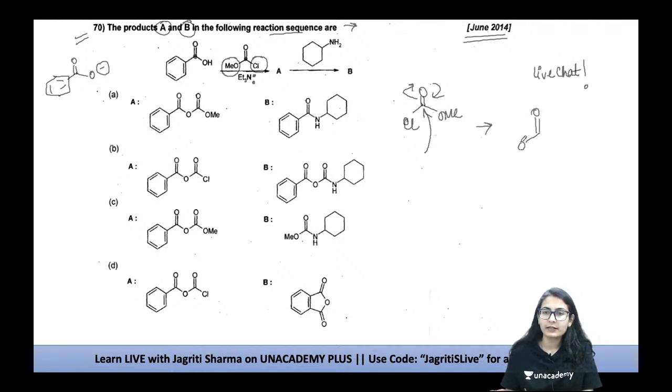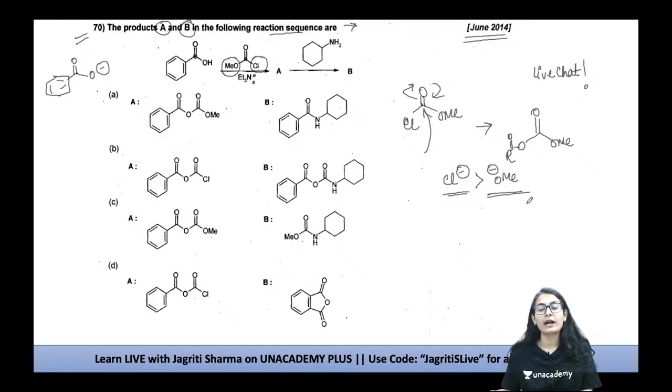How do I know that? So Cl minus is a better leaving group as compared to the methoxy. Yes, and why is that so?